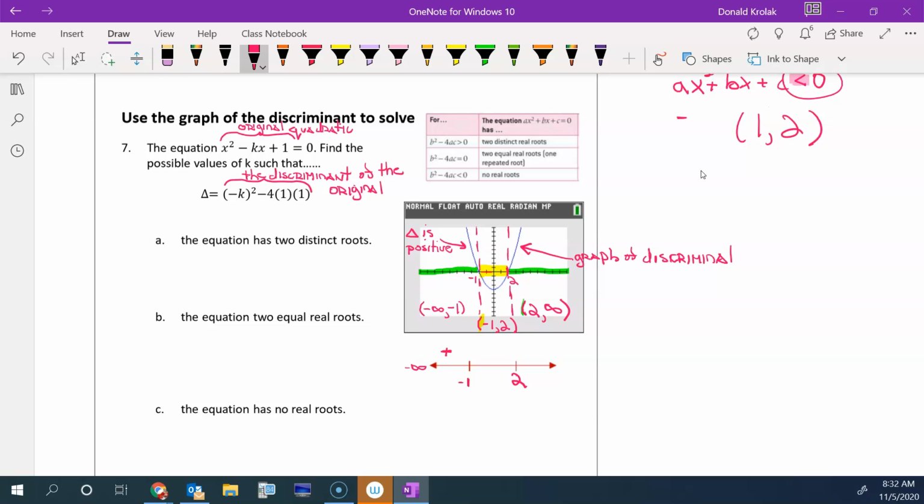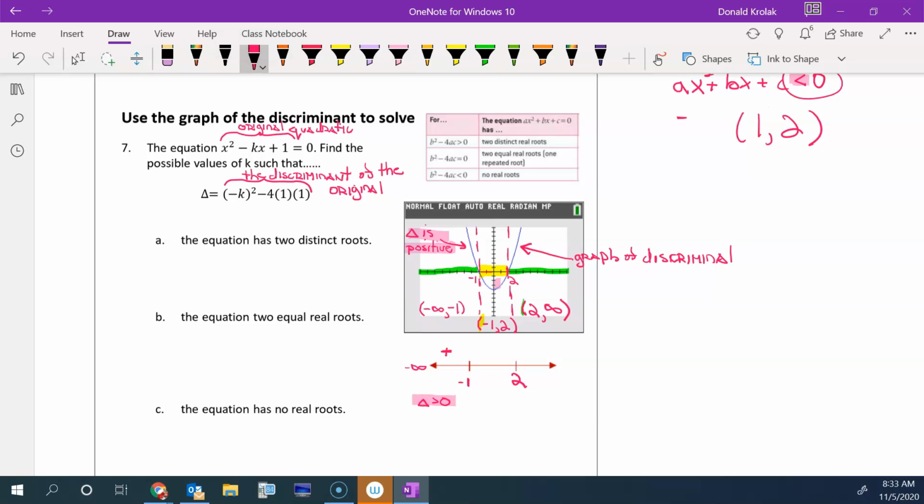Now, what that plus means is the discriminant is greater than 0. It's positive. Discriminant is positive. It's the same as that. Now, in between the two, the discriminant is negative.